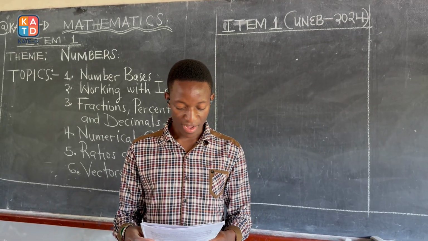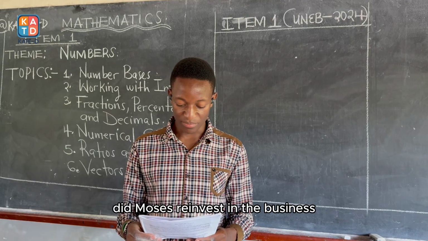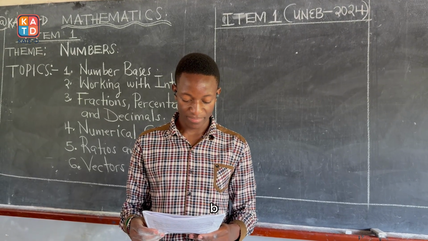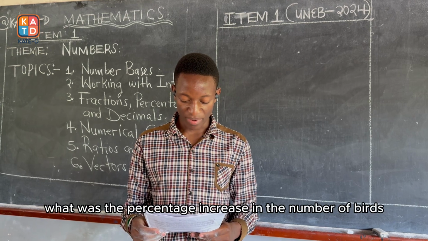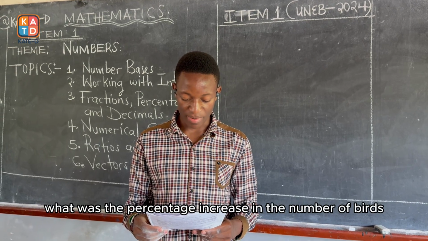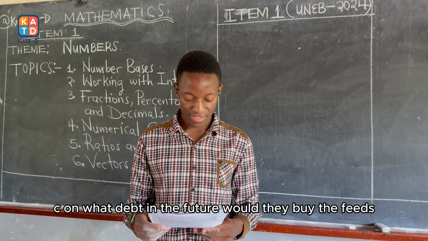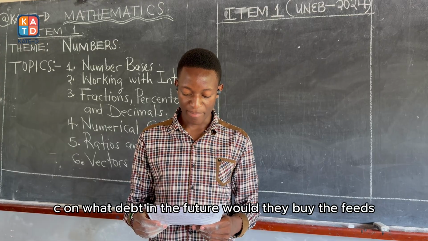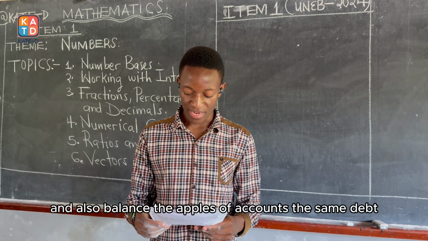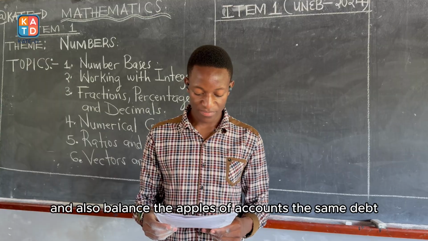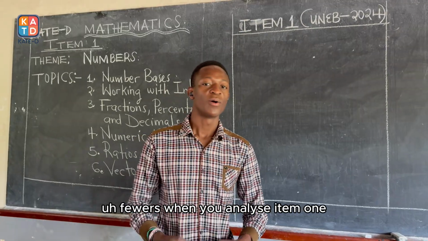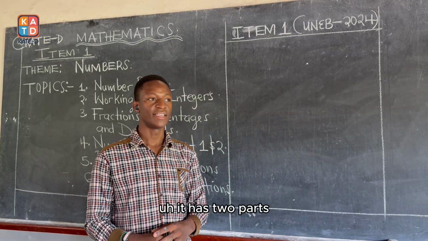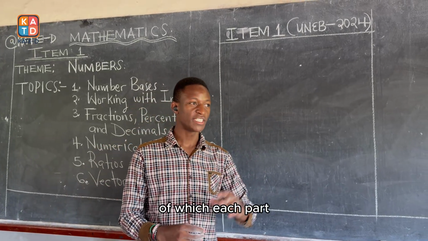Part A. How much of the profit did Moses reinvest in the business? B. What was the percentage increase in the number of birds? C. On what date in the future would they buy the feeds and also balance their books of accounts the same day?